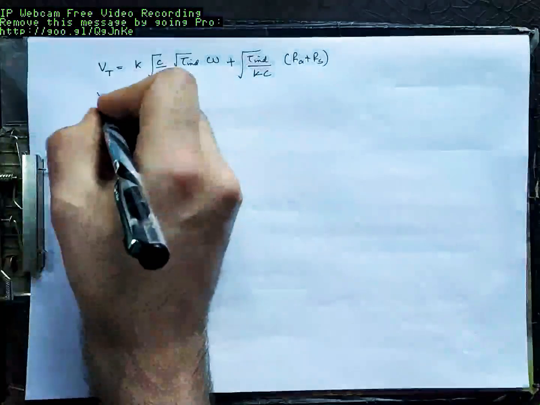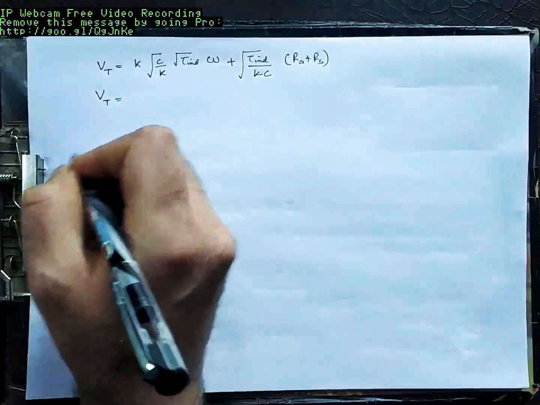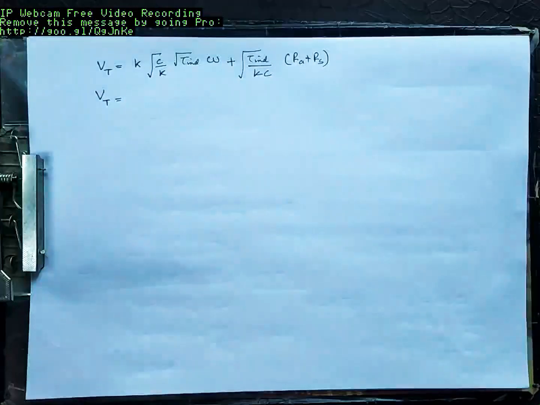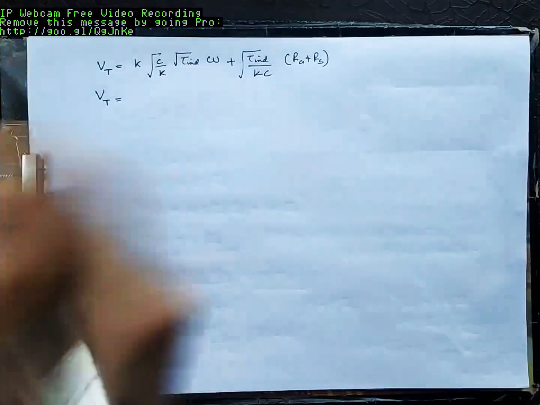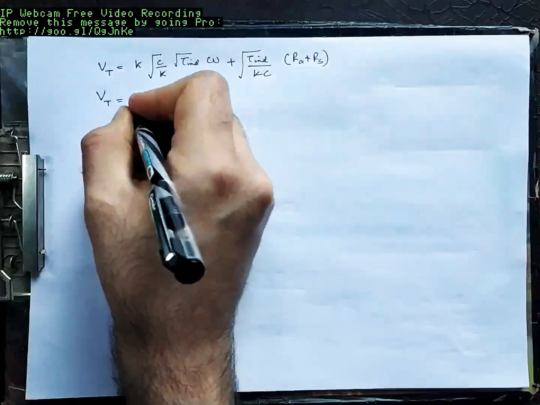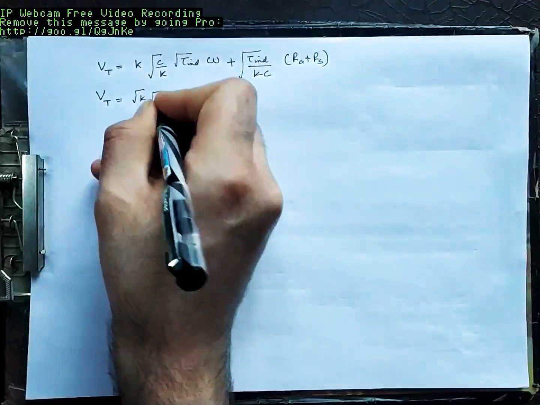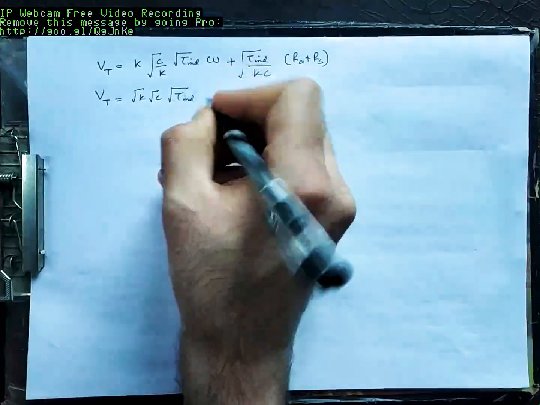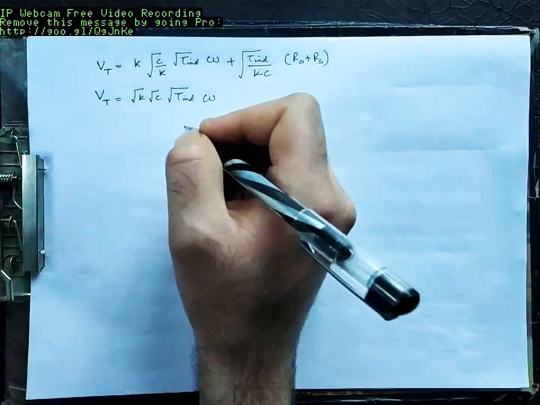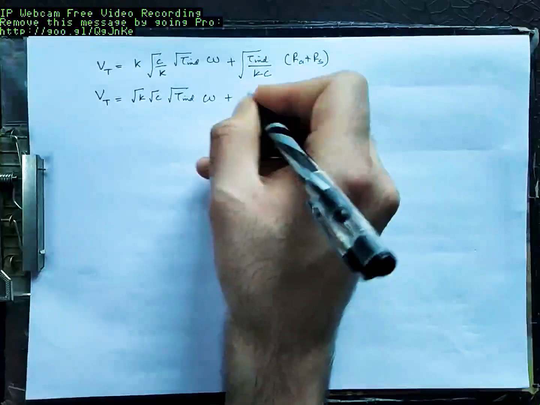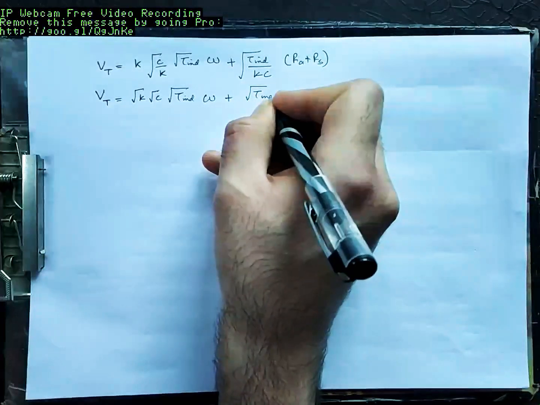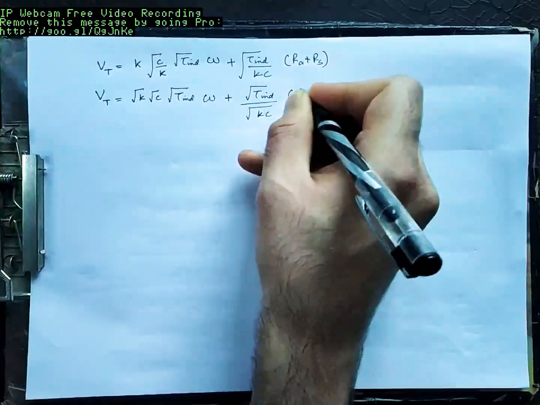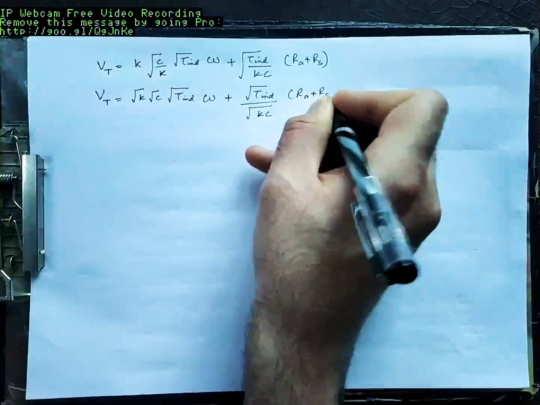We can also write this as Vt is equivalent to under root Kc, under root tau induced into omega, plus under root of tau induced divided by under root of Kc into (Ra plus Rs).